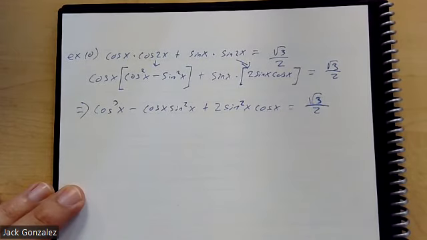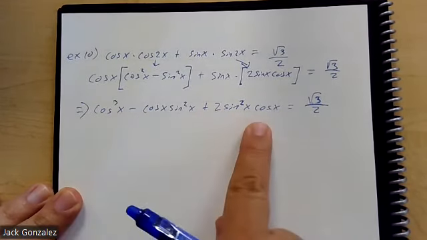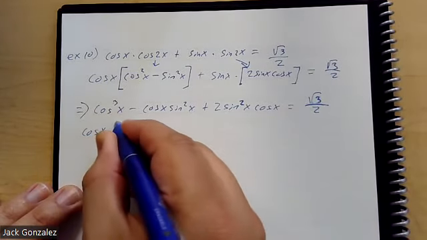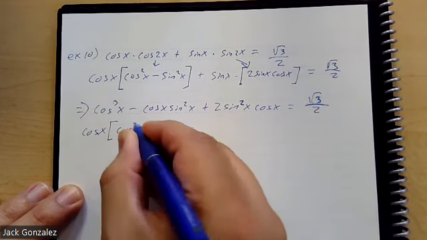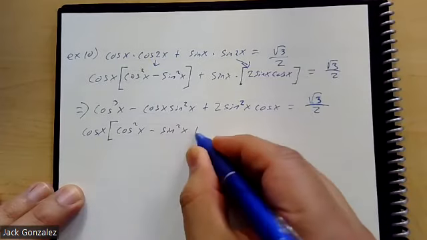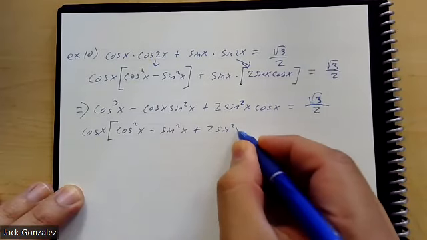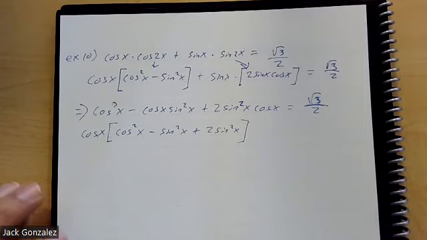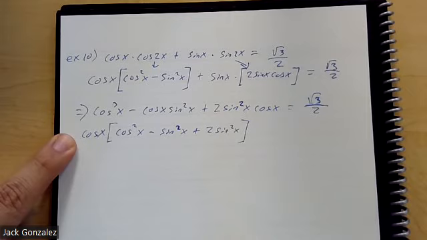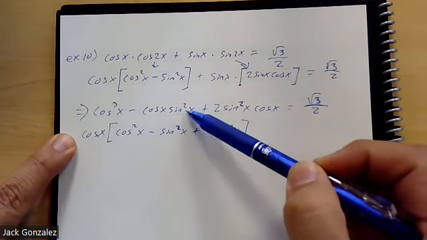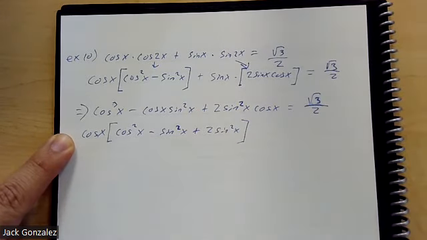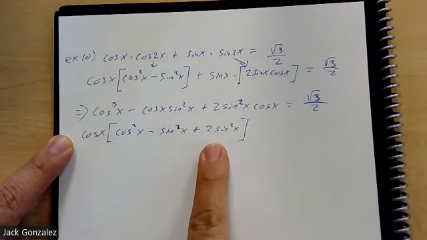At this point, I'm gonna, I don't know, factor, I guess. They all have cosine in common, right? Maybe that'll help. I'm gonna try something. Yeah, it looks like it's gonna work out. Factor the cosine from the first term, cosine from this one, cosine from that guy. So now I have 2 minus 1.